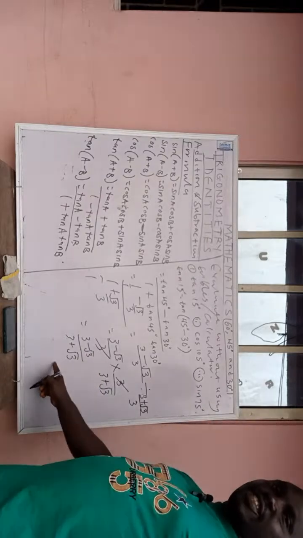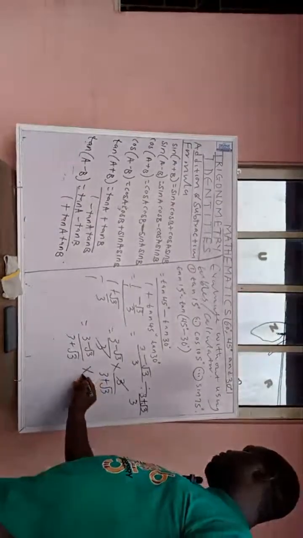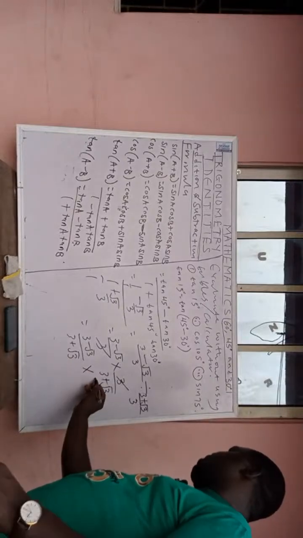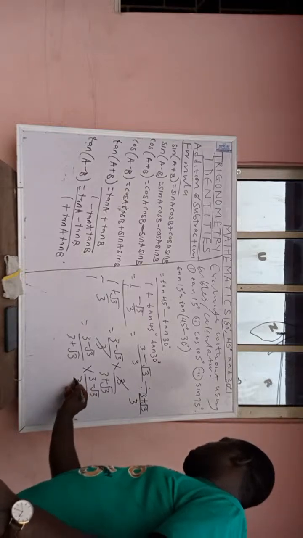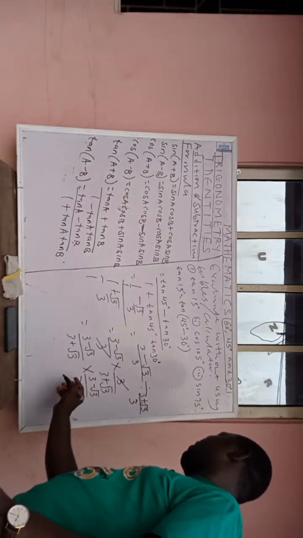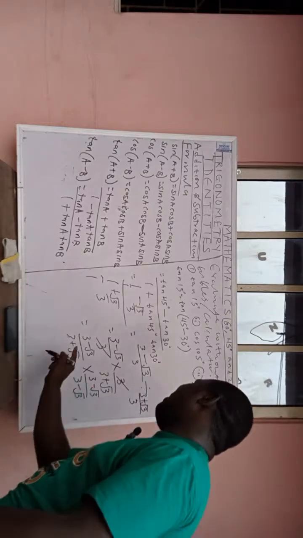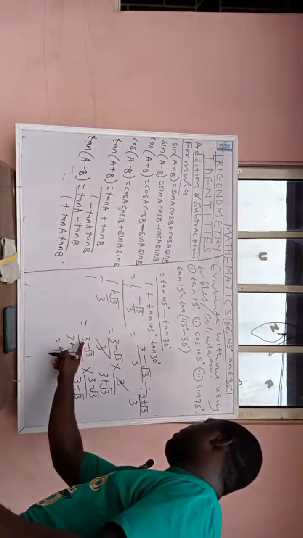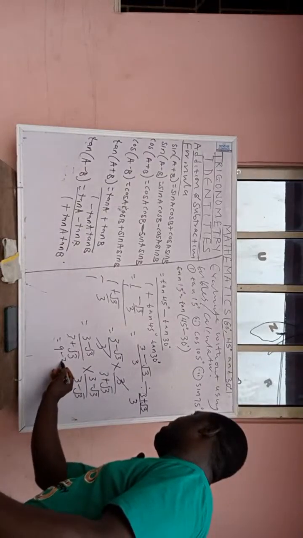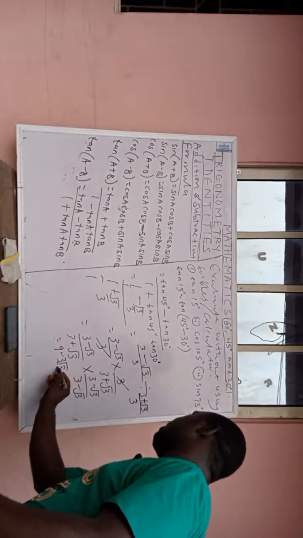Okay, so what do you do? Do you leave the answer like this? No. You rationalize the denominator. So you multiply by 3 minus root 3 over 3 minus root 3. Thank you. So 3 times 3, what do you have? 9. 3 times this, that's 3 root 3.